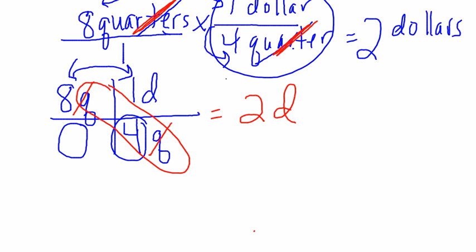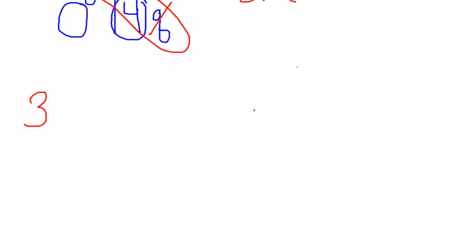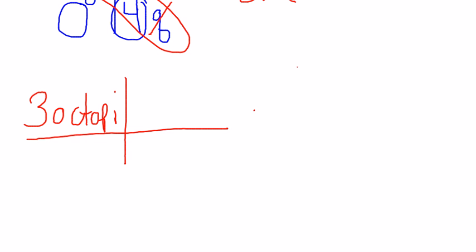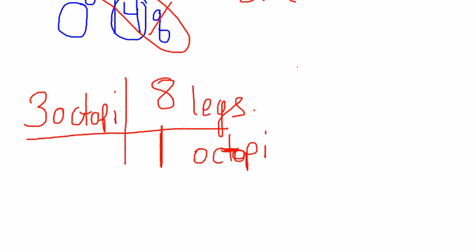Let's take a different example. Let's say you had 3 octopi. How many legs do we have in this tank if we have a tank full of 3 octopi? Well, I know you could do it in your head. 8 times 3 is 24, Mr. Schaefer. Again, the formal math is that your brain set this up without you even knowing it. Your brain said there are 8 legs in every one octopus.